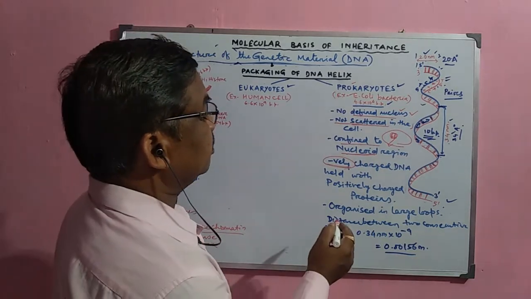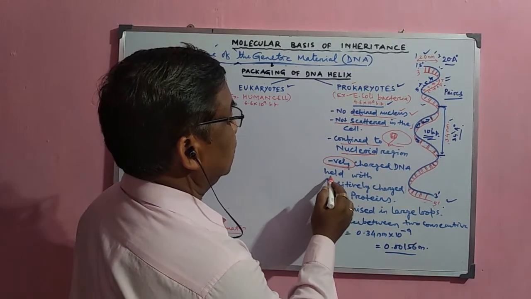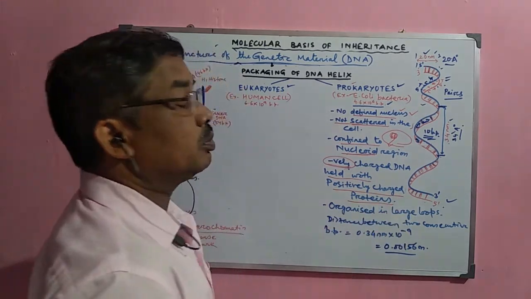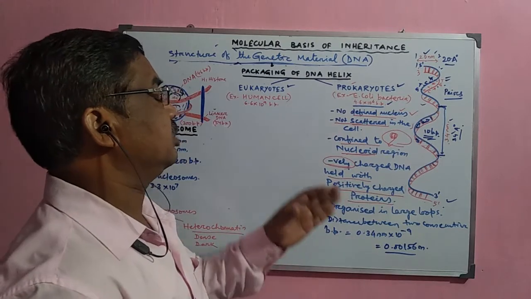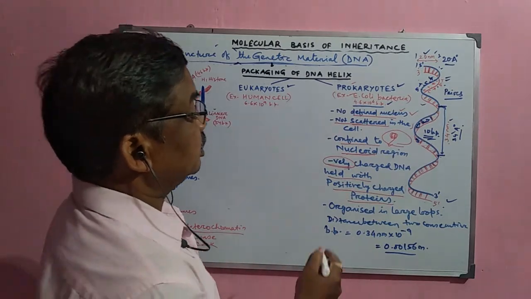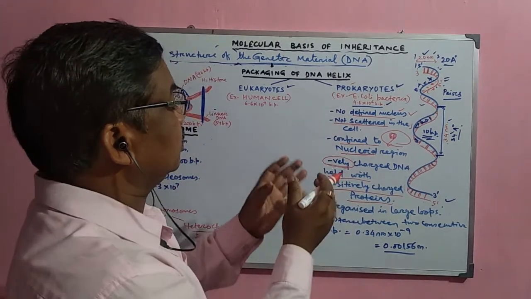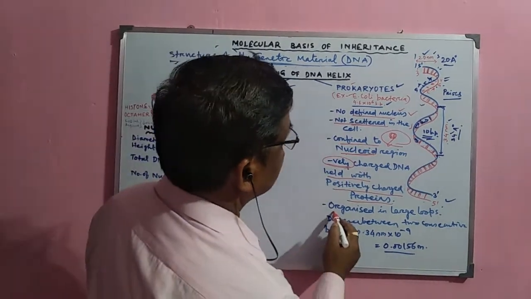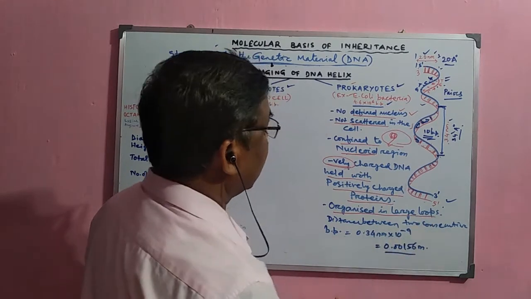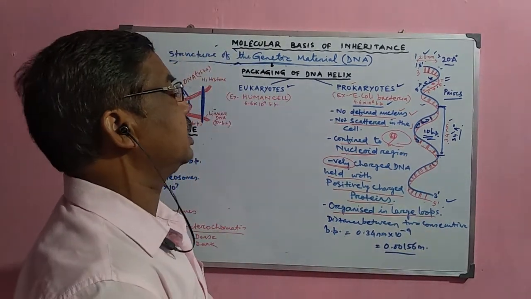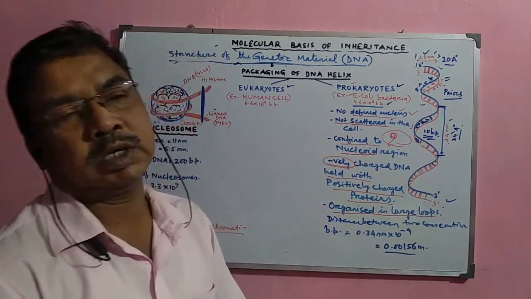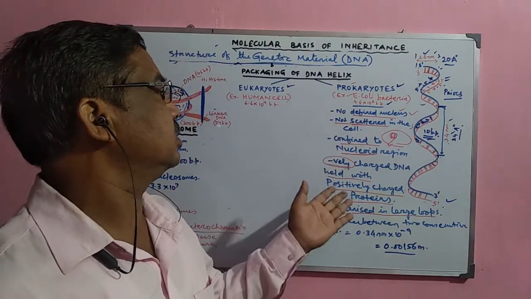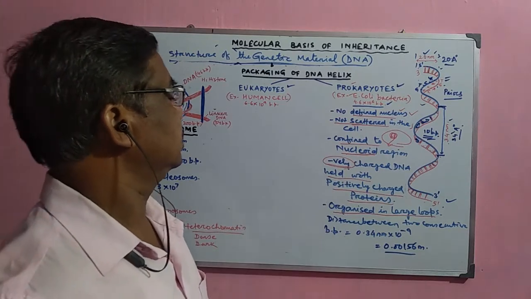These negatively charged molecules are normally held with some positively charged protein. The proteins, which are normally basic proteins, are positively charged, and when they are wrapped with the negatively charged DNA, they are organized in large loops in the nuclear region. So in the case of prokaryote, this is normally the arrangement of the DNA.